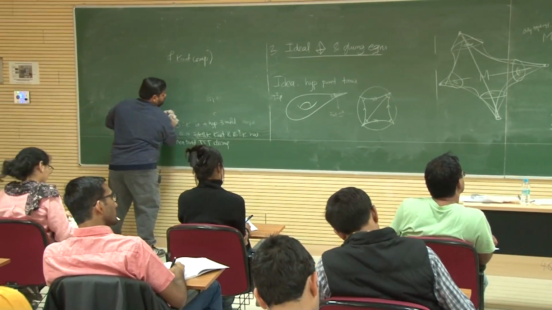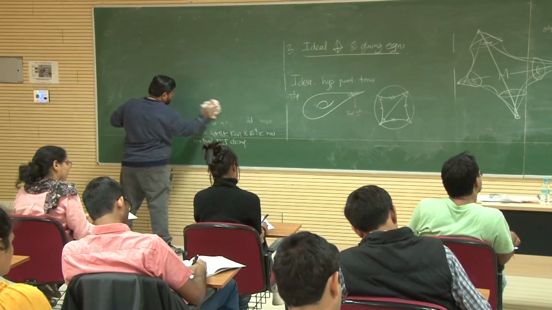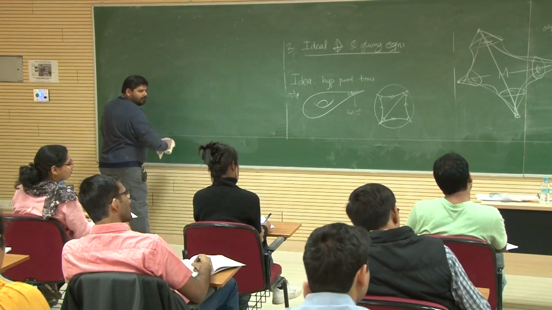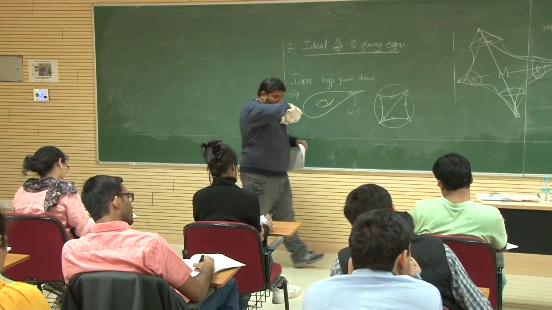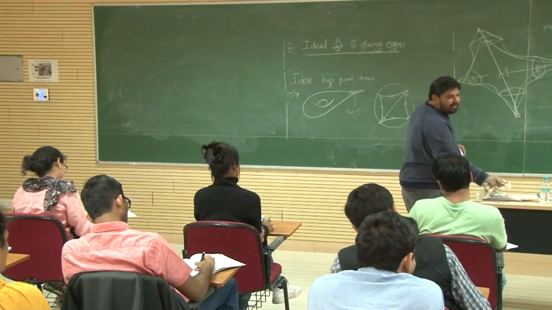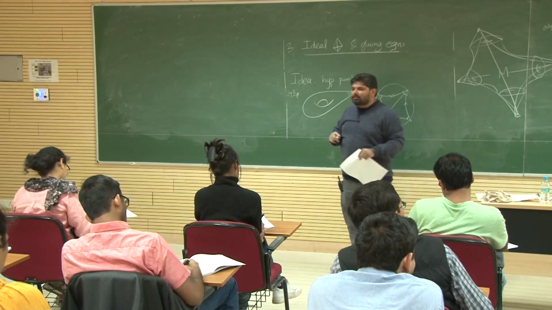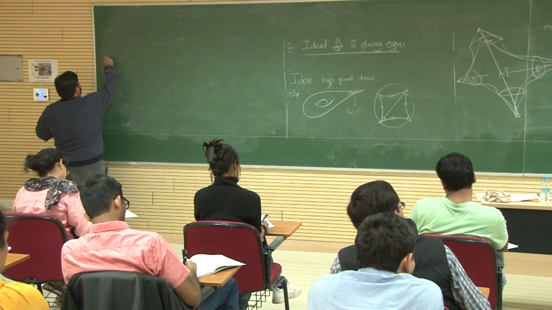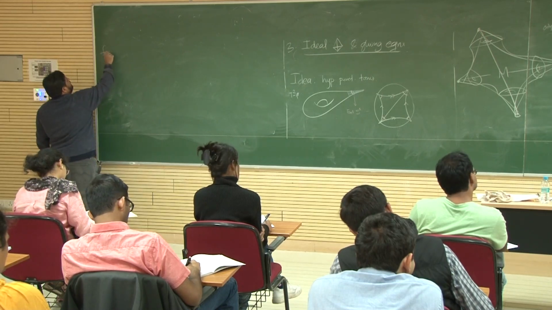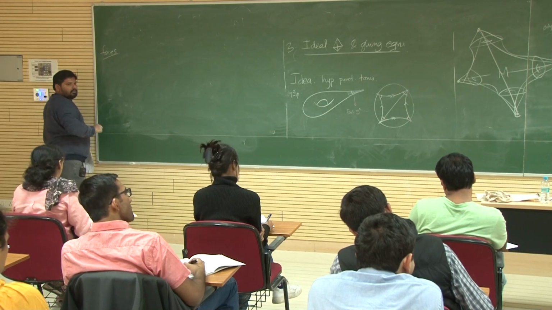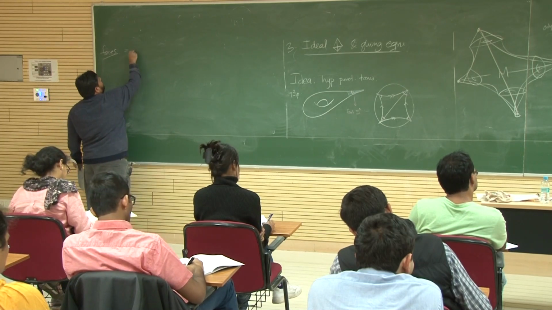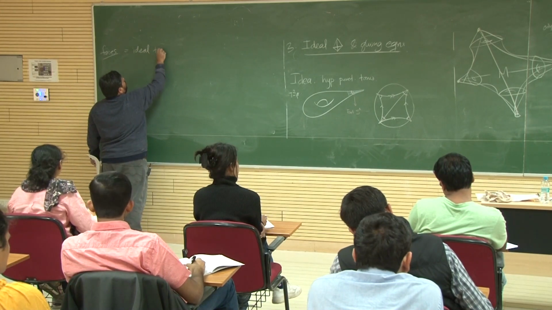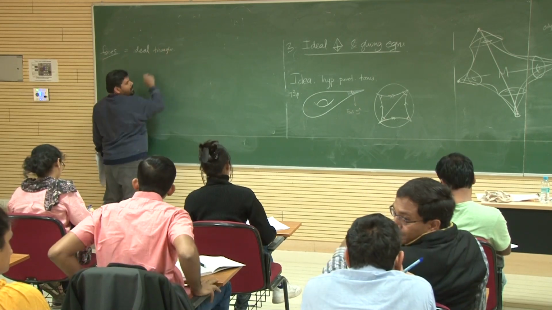So, again, the same thing as before. First, we are going to glue along faces. Now, what are the faces of an ideal tetrahedron? They are ideal triangles. We saw yesterday that there is only one isometric class of ideal triangles. So, first is the codimension 2 faces, that is the faces. So, faces are ideal triangles, but there is only one isometric class.